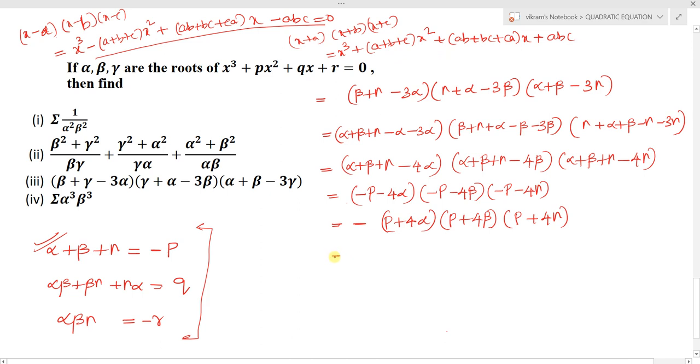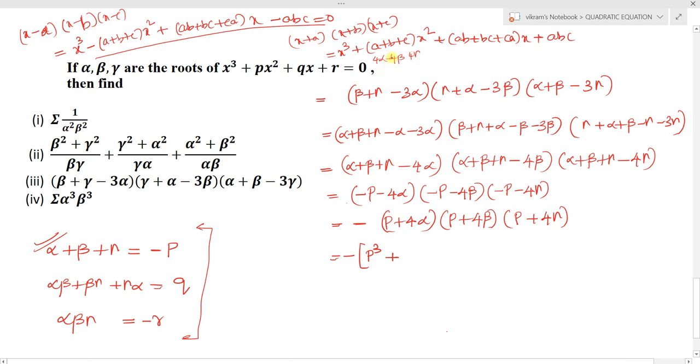Now in a similar way we can write the minus into this, where x is nothing but p. We obtain p cube plus (a plus b plus c), where a is 4 alpha, b is 4 beta, and c is 4 gamma.